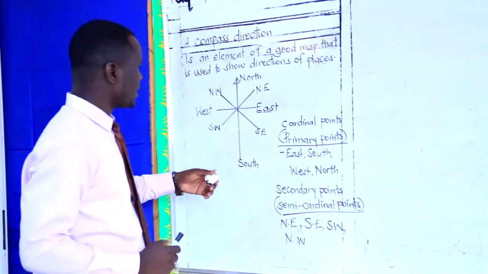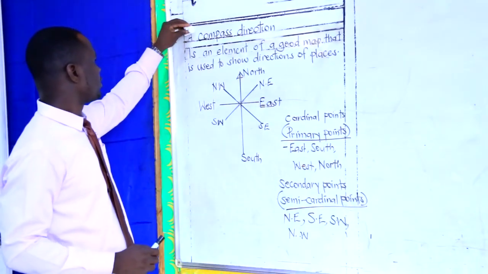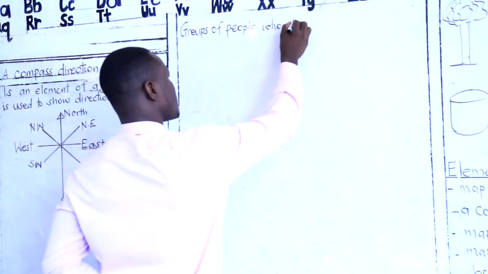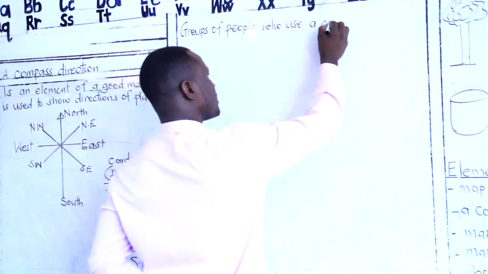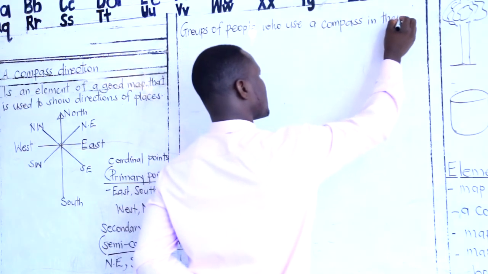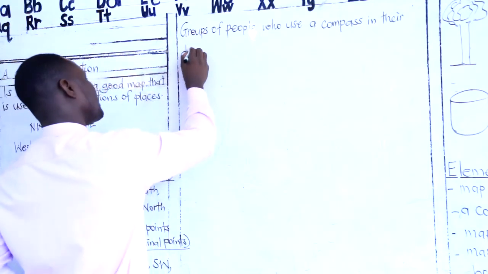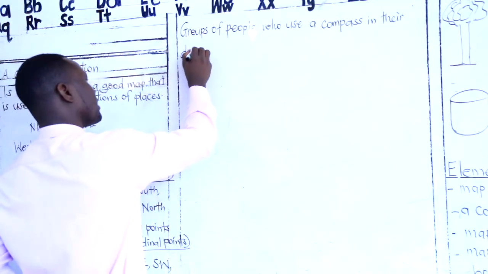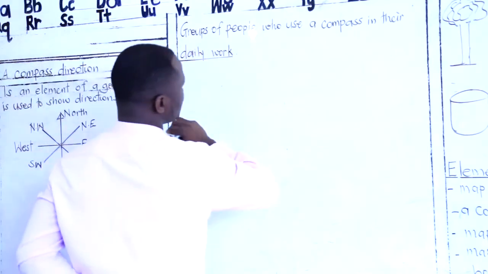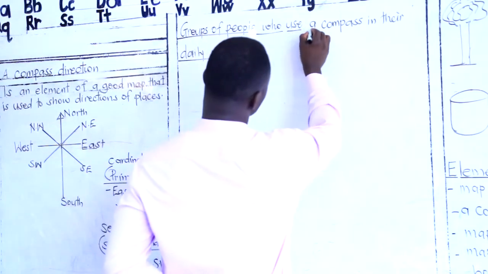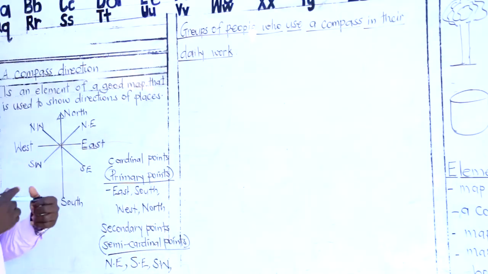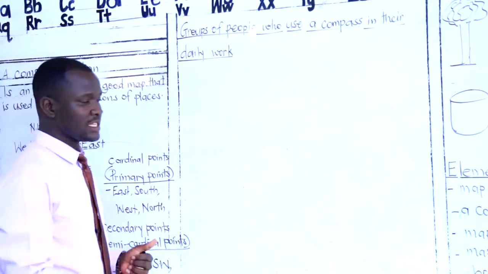But before we go to that, I want to bring to your attention that we have people who use a compass in their daily work or in their daily duties or jobs. So, who are these people?